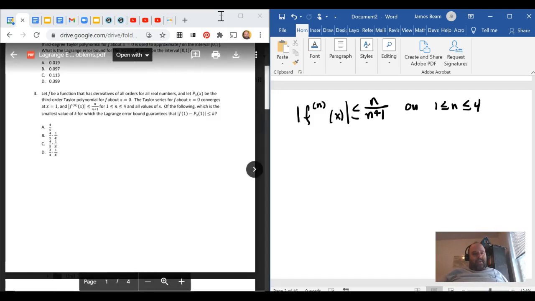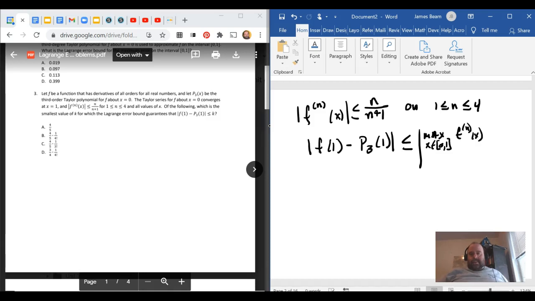So of the following, which is the smallest value of k for which the Lagrange error bound, okay, so f of 1 minus f of the third degree Taylor polynomial at 1, should be bounded by the absolute value of the max, as x is on the interval from the center, which is 0 to 1, of f of n of x over n.